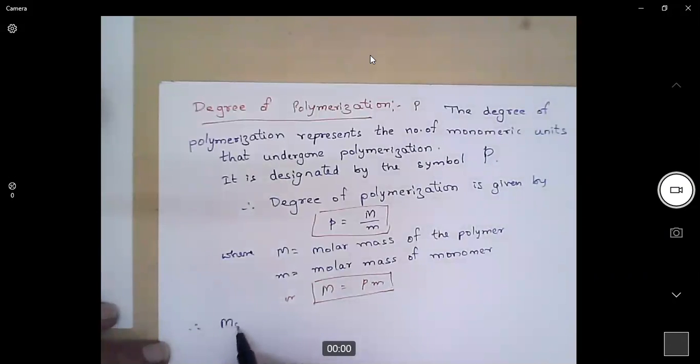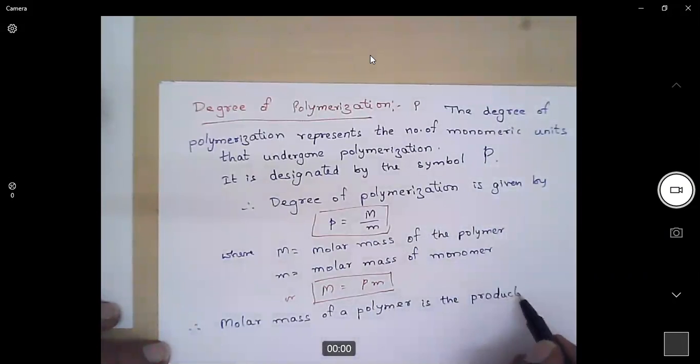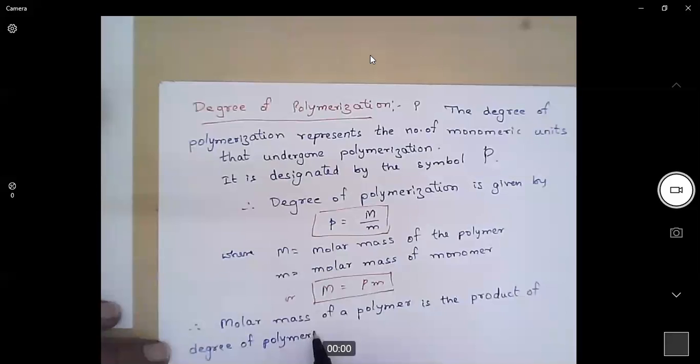Therefore, molar mass of a polymer is the product of degree of polymerization and molar mass of monomeric unit.